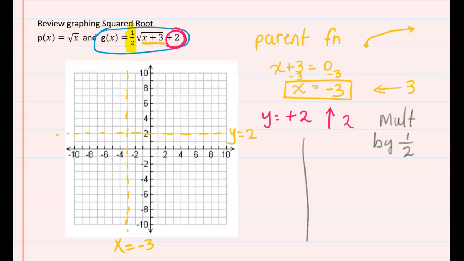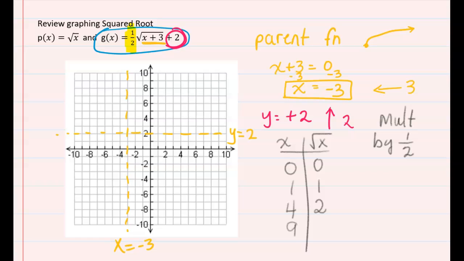If we get our parent function, remember we're plugging in x into the square root of x. We know we don't have any negative values because the square root of a negative number is not real. So we're going to start off with 0. The square root of 0 is 0. 1, the square root of 1 is 1. The next one I'm going to pick is 4 because the square root of 4 is 2.